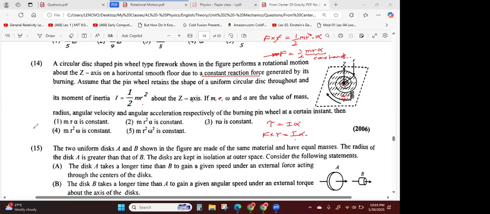So MR alpha is constant. This one is the answer. Is that clear? Okay. Do the next one.